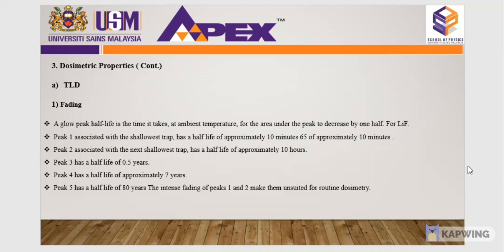LiF, by the way, is the material the TLD is made of. Okay, as we show in the next slide, the figure represents the relationship between the count signal or glow signal of the TLD and temperature. For example, if we have multiple peaks, peaks 1, 2, 3, 4, and 5, we study the effect of time on the TLD.